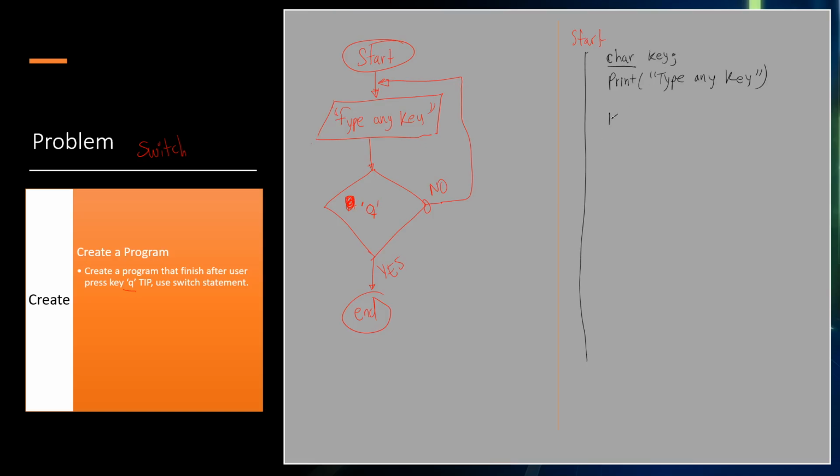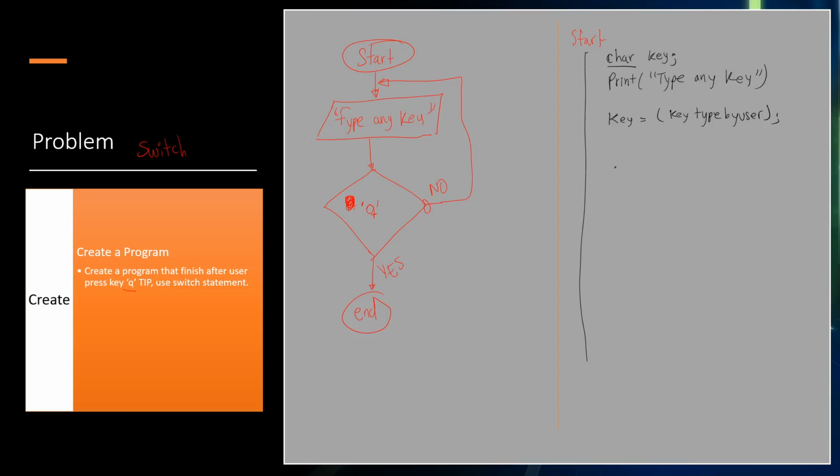So key is equal to key typed by the user. So whatever the user writes, it will be saved in the variable key.